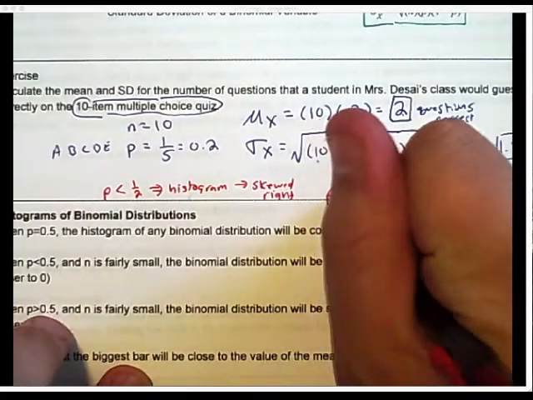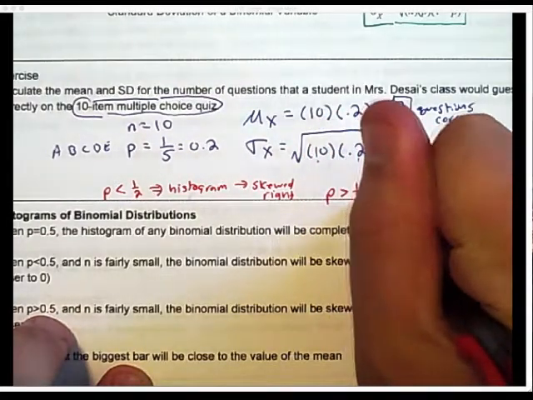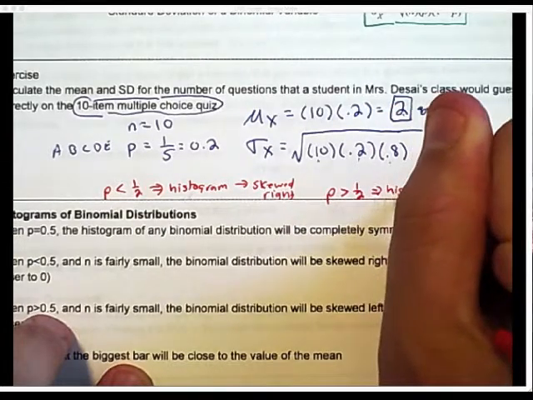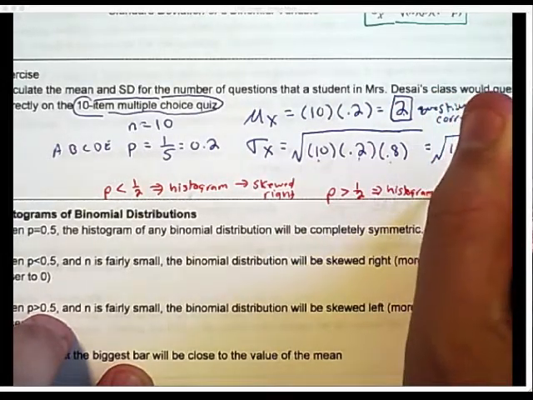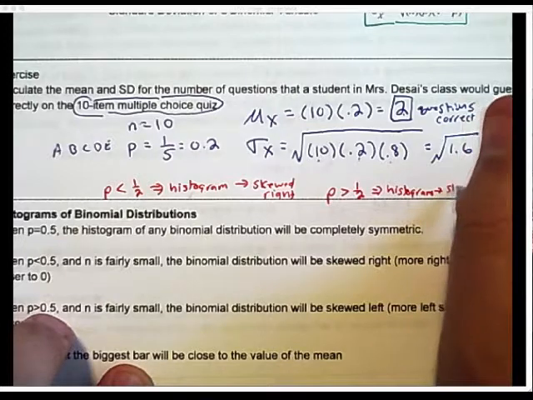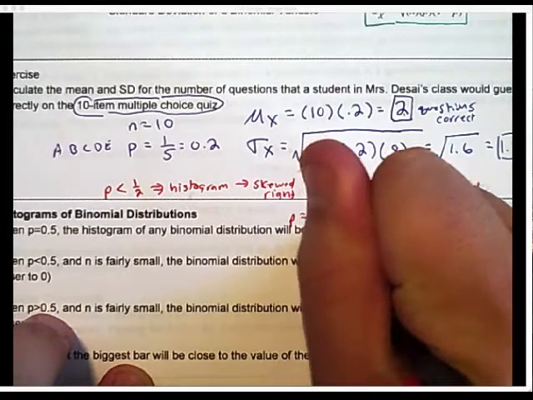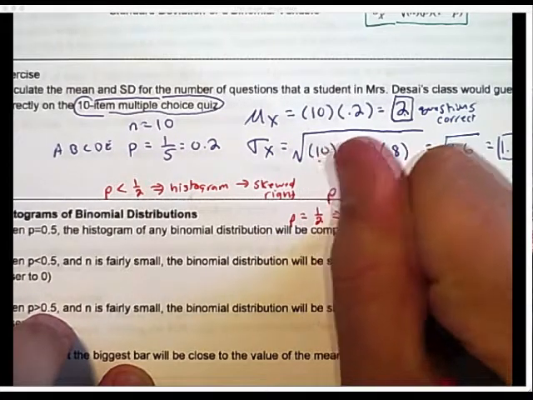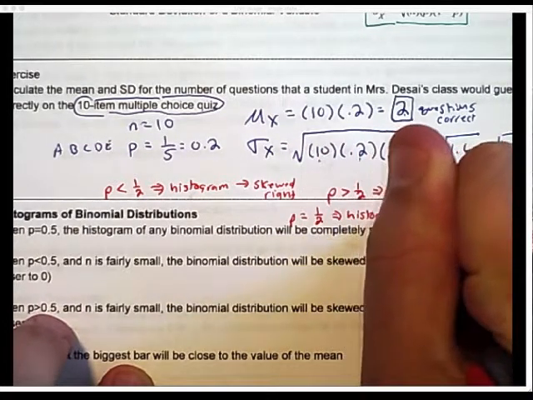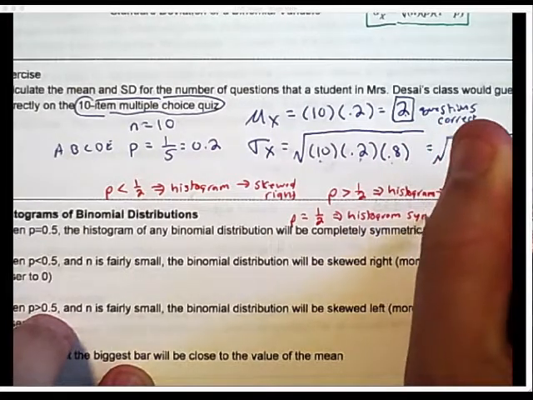If p is greater than 1/2, the histogram will be skewed left. And if p equals 1/2 exactly, the histogram will be symmetric.